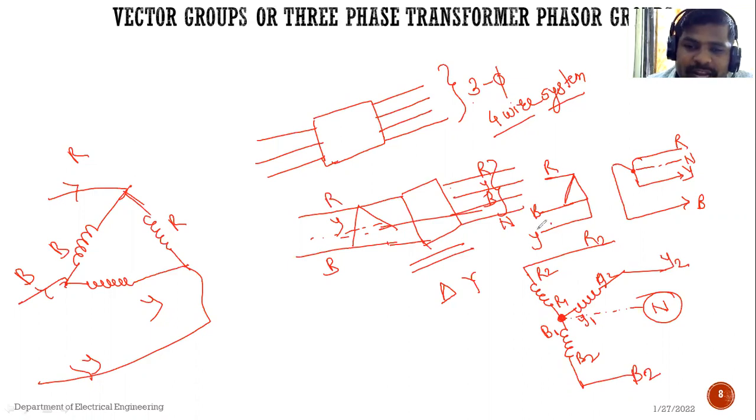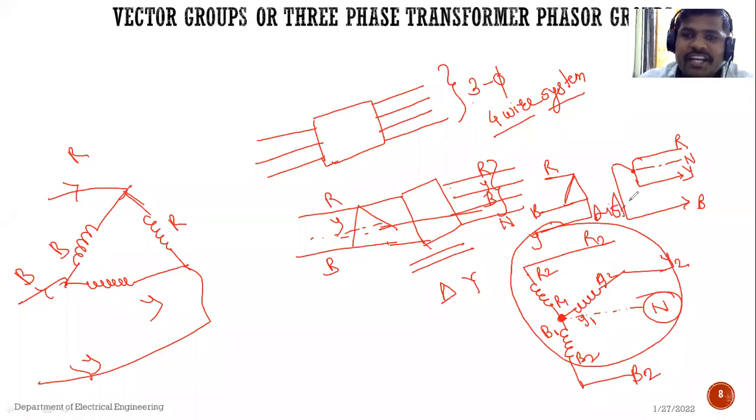But according to our application, the distribution transformer at a consumer level, I am saying distribution transformer at a consumer level, has a 3-phase 4-wire system. Generally a 3-phase 4-wire system is used for distribution purposes, because from a 3-phase line we can easily provide a single phase line also.